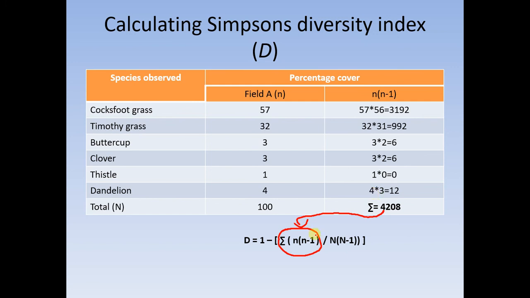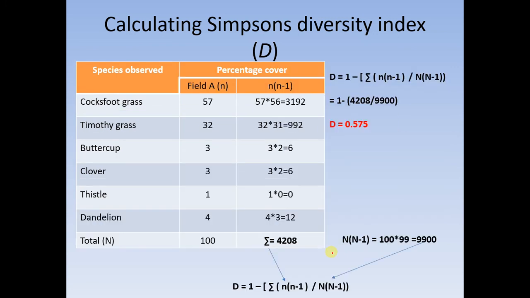Right. So next I'm going to figure out the denominator. Well, in this case, the total number, capital N, is 100. So 100 times 100 minus 1, 99, is 9,900, and that becomes the denominator. So here I have the numerator, and here I have the denominator. So the first step is to divide those two.